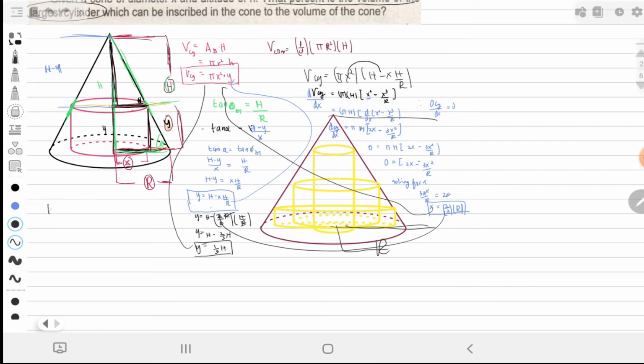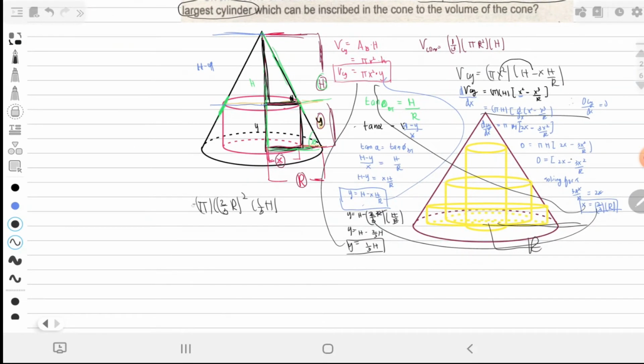So, we'll have pi multiplied by our x squared. So, we have 2/3, ayan, r squared multiplied by 1/3 h, which is equal to my V of my cylinder. So, ito. Sinubstitute lang natin yung x and y dyan.